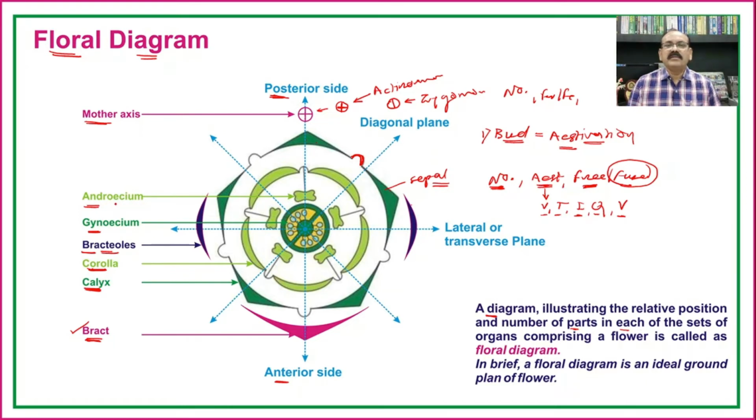Say for example, if there is a presence of one odd petal, then we have to remember whether the odd petal is present at the posterior side or the anterior side. If it is at the posterior side, then we have to draw it below the mother axis, and if it is at the anterior side, then we have to draw it to the inner side of the bract.